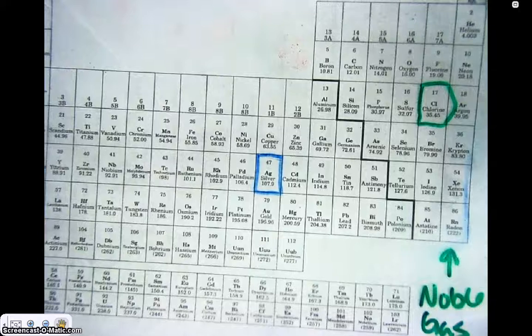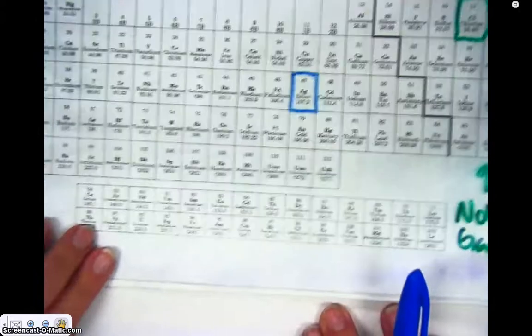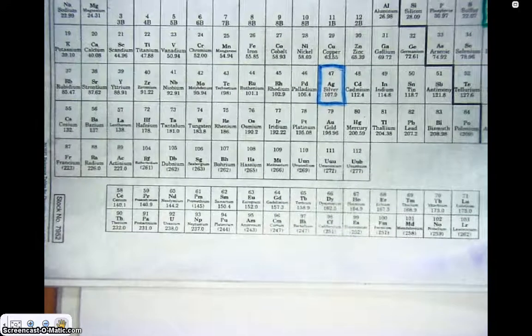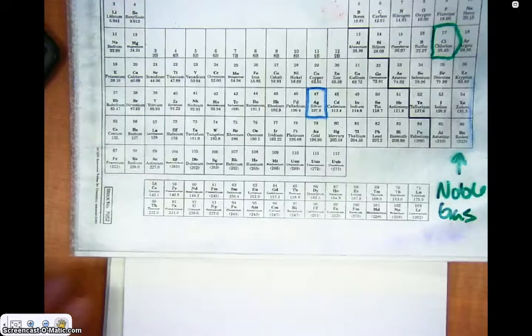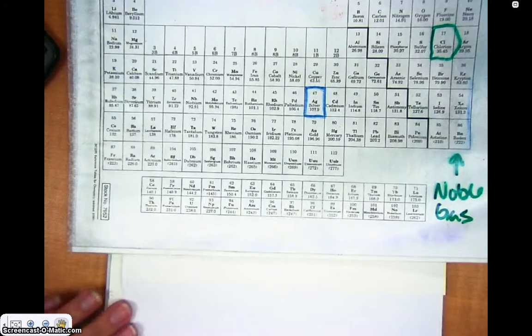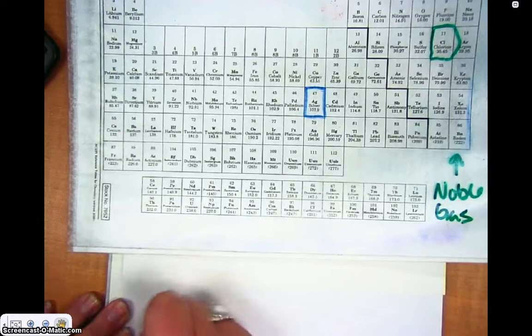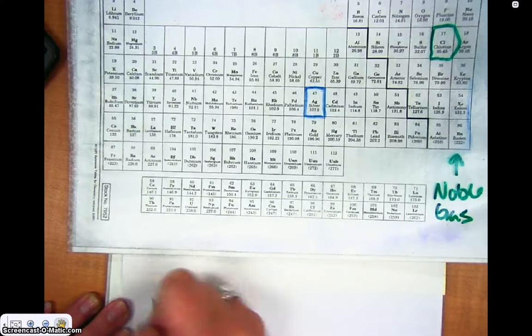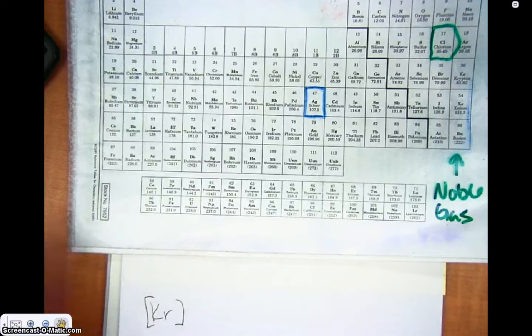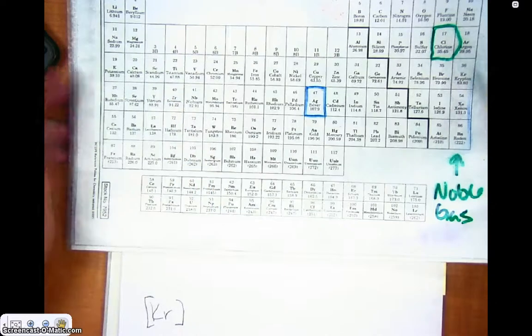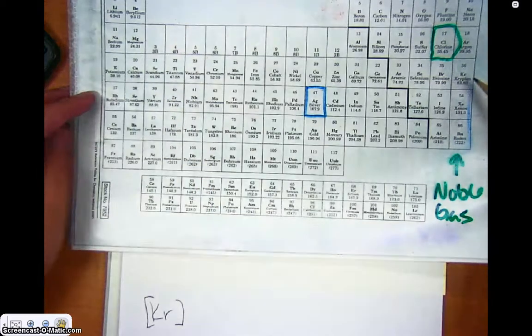All right. So I can do the noble gas configuration for silver. I'm going to start by writing krypton in brackets. What that says to me is all of the electrons up to krypton, and then I just need to add on what is extra.